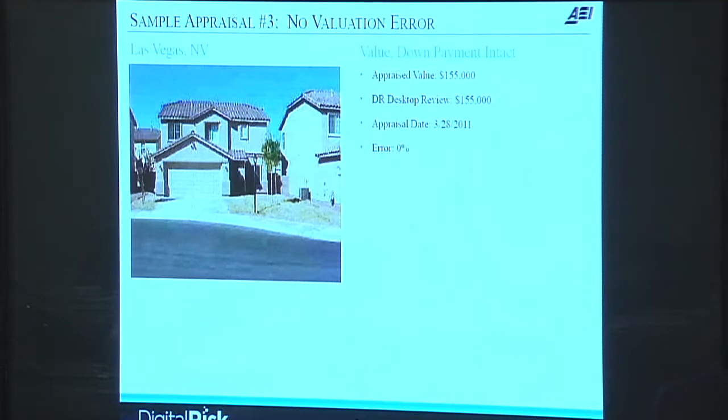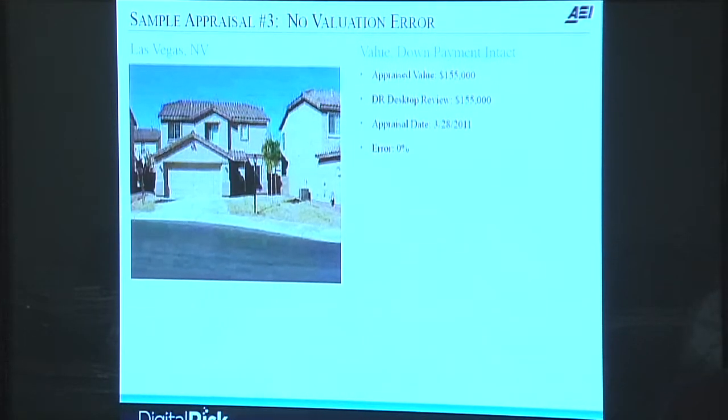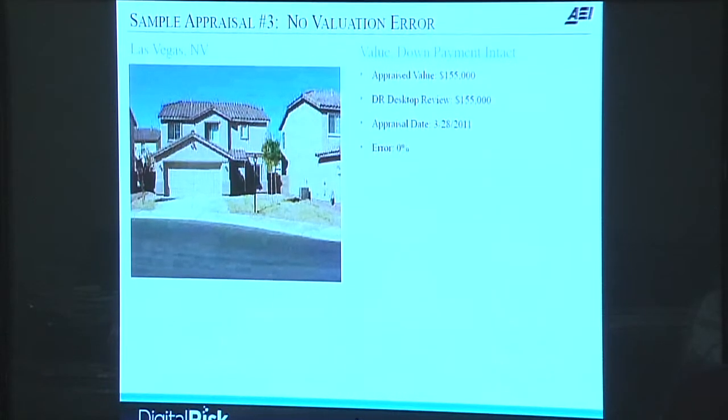Now, here's one that's appraised value $155,000, desktop review $155,000, and that's Las Vegas. Now, this suggests a little theory here, and I'm going to delve into it for 2 seconds. And that's the fact that in complex markets where properties aren't necessarily very homogeneous, there's probably a more difficult appraisal problem, and you're probably more likely to get some disagreement over what the true value is, and therefore a higher likelihood of error.